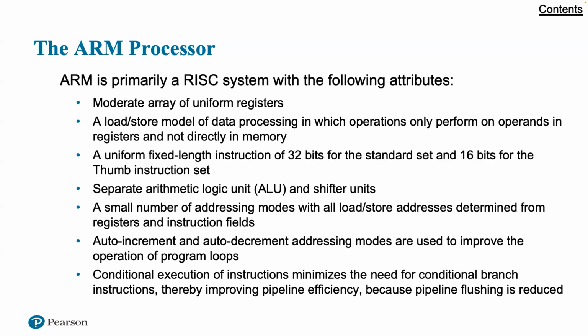Then we have the auto increment and auto decrement addressing modes, which are used to improve the operation of program loops. And then finally, conditional execution of instructions minimizes the need for conditional branch instructions, thereby improving pipeline efficiency because pipeline flushing is reduced.